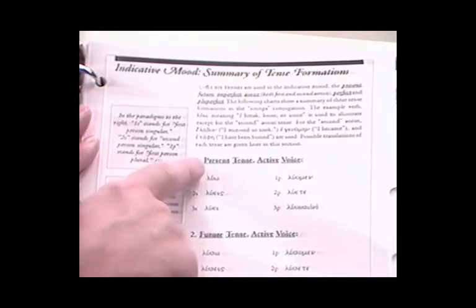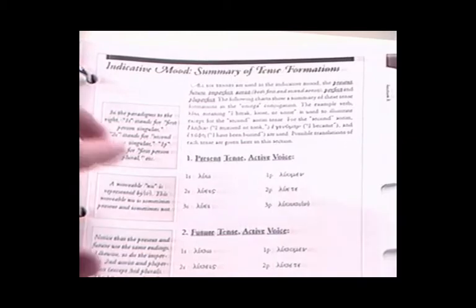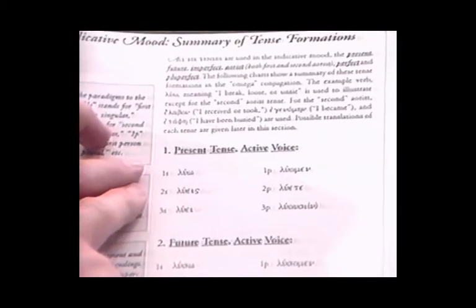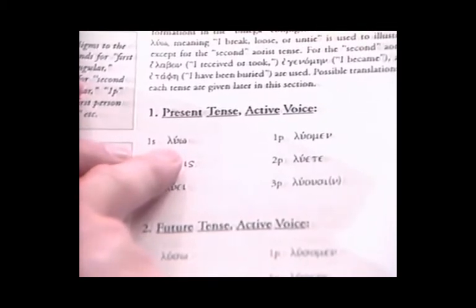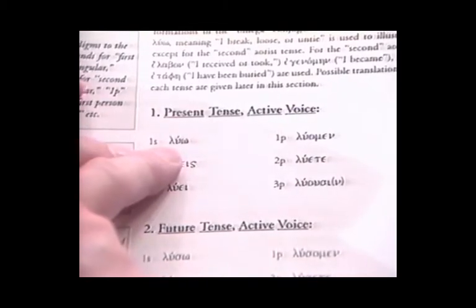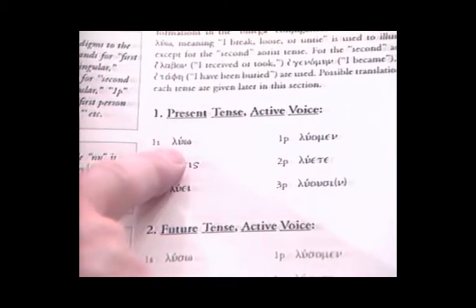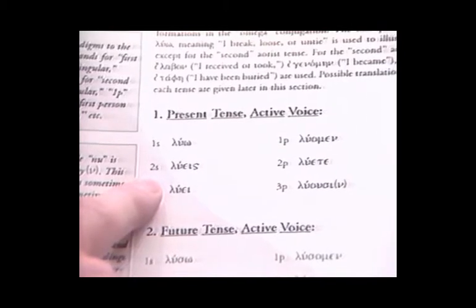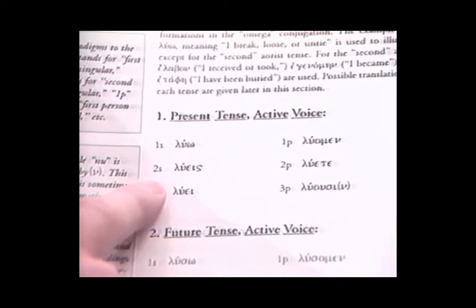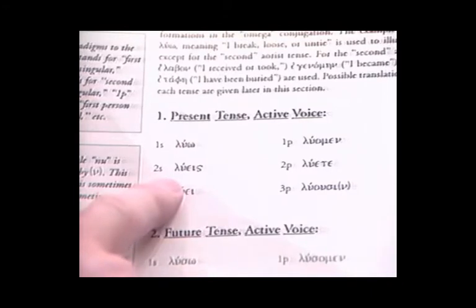Here we see first the present tense active voice. The first singular is the verb form luo. See the omega on the end of that verb? That is your first singular ending. The second singular form of the present tense active voice, indicative mood, is the verb lueis.